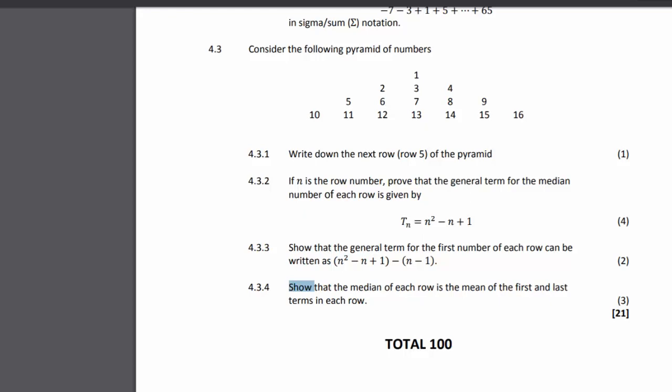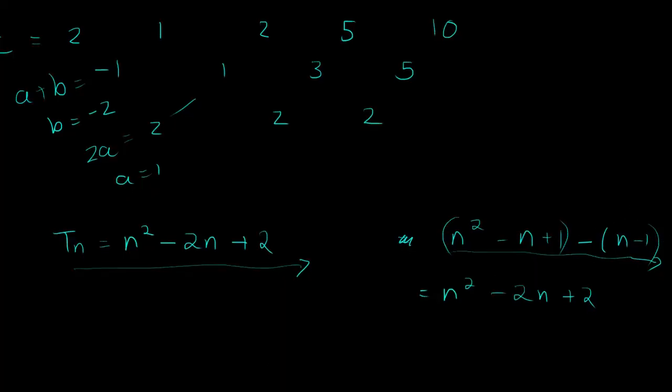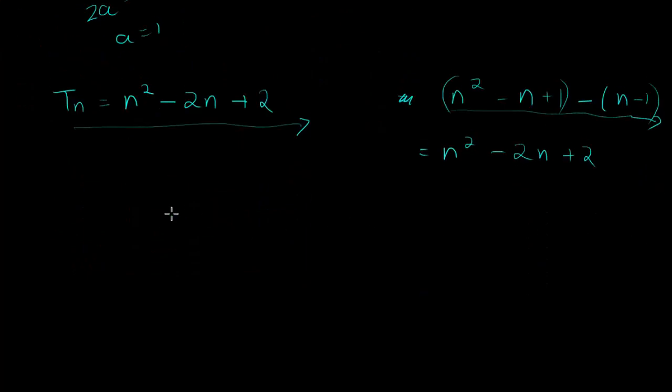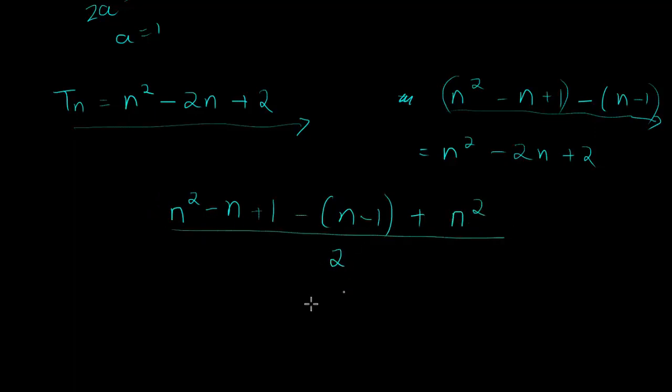So if I got the mean of the first term, which is n squared minus n plus 1 minus n minus 1, there's the first term, plus the last term, which is always n squared, divided by 2, what do I get? I get 2n squared, and 2n squared divided by 2 is just n squared.